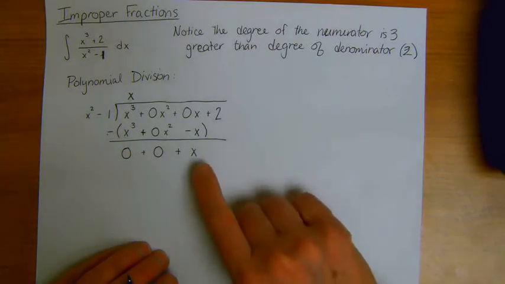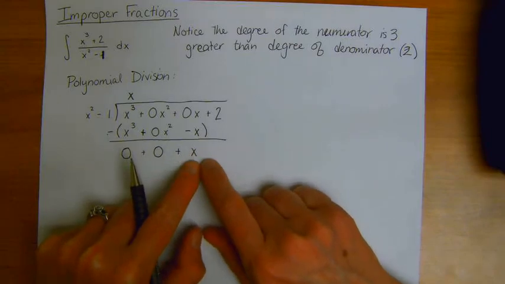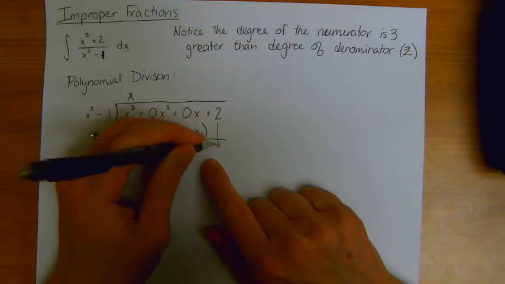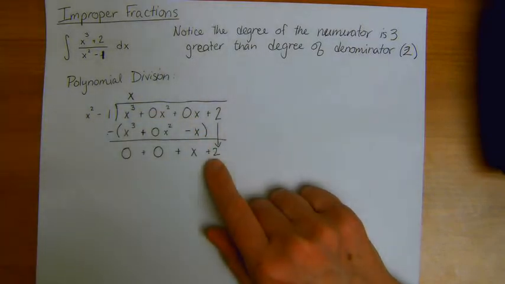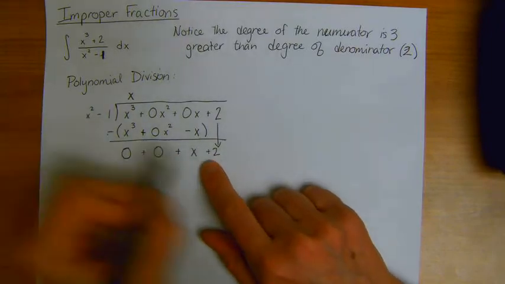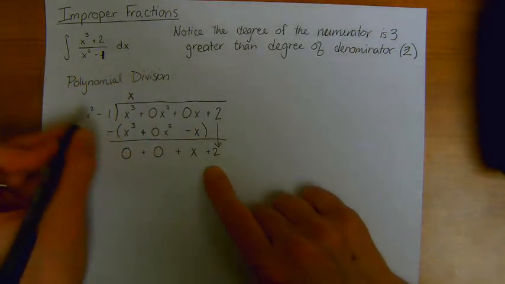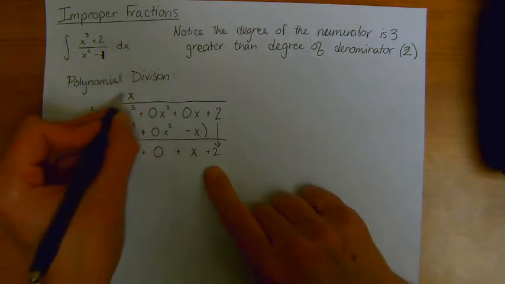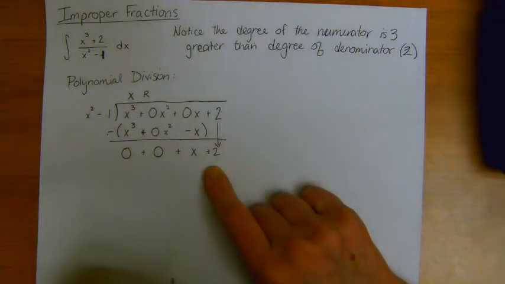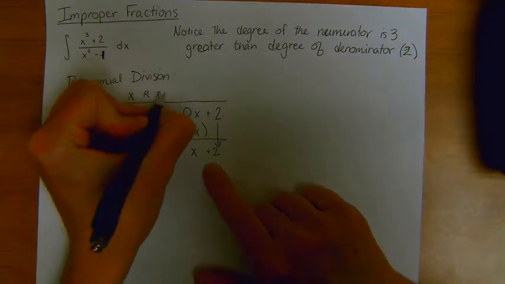Next step, I ask myself, x squared times what gives me an x? Nothing. I bring down this 2, and I see that this is too small, that x squared can't go into this, so this becomes my remainder. So it means that after computing polynomial division, my other factor is going to be x remainder x plus 2.